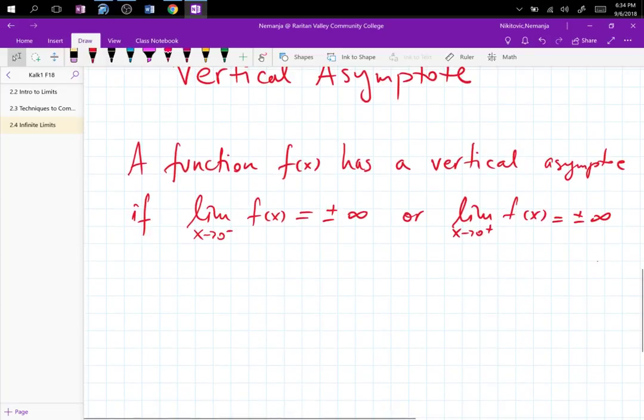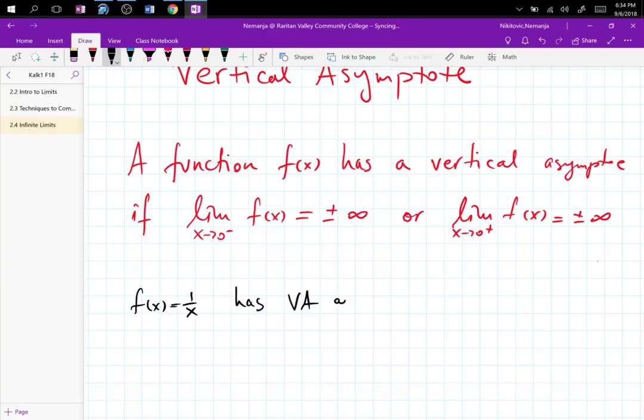So now we know that f of x equals 1 over x has vertical asymptote at x equals 0 because, and you can pick any of these, limit of 1 over x as x goes to 0 minus is equal to negative infinity. This is actually the proof.